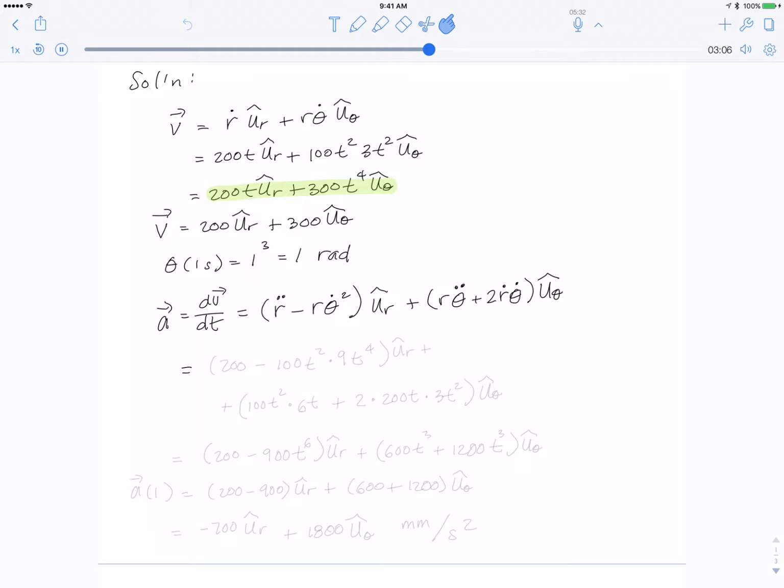So we need to put in all the derivatives. Two derivatives of r is just 200, minus r, 100t squared, times theta dot squared. And theta dot is 3t squared, so that squared is 9t to the fourth.